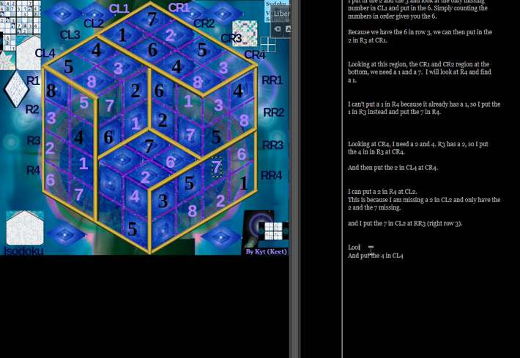Now, looking at column left 4, I see I need a 1 and a 4.